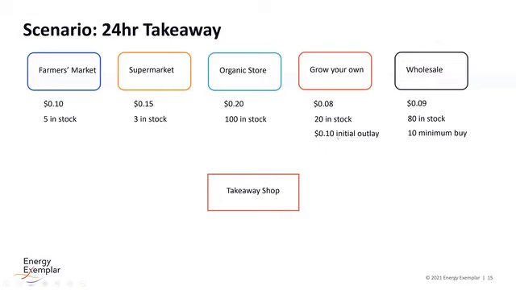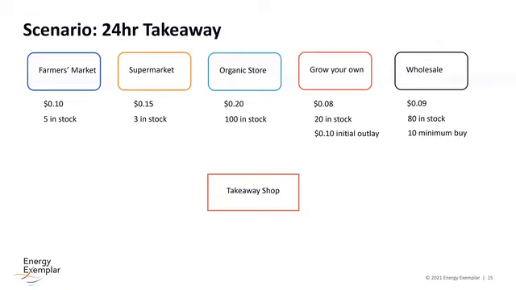However, we've added a little bit more complication to each of these two new options. In the first one, we're saying that to grow your own, you actually have a bit of an initial outlay. You need to go buy your seeds, and that means that in addition to the cost per potato, you've also got a cost that you just start with, i.e. this initial outlay.